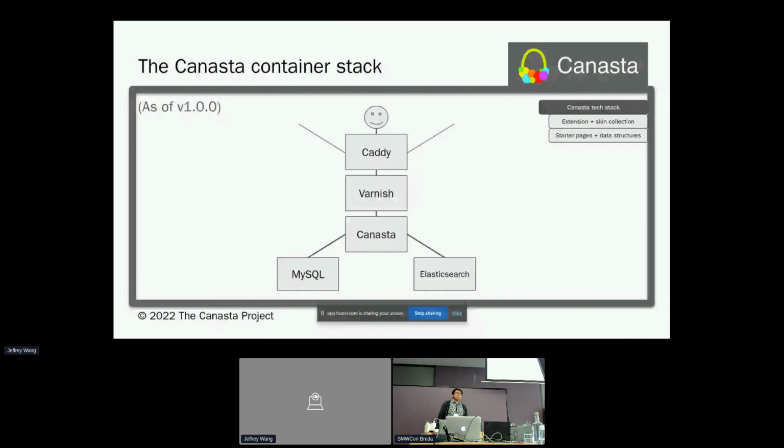I don't think it's been implemented in Canasta just yet, but what we do is we run update.php whenever the container is started, and we run the job queue very often as well during the life cycle of the Canasta container.